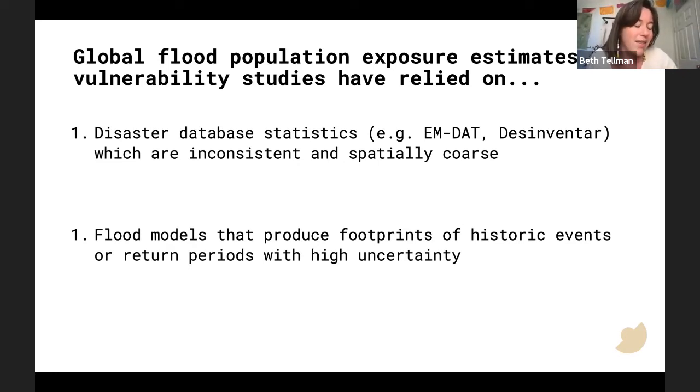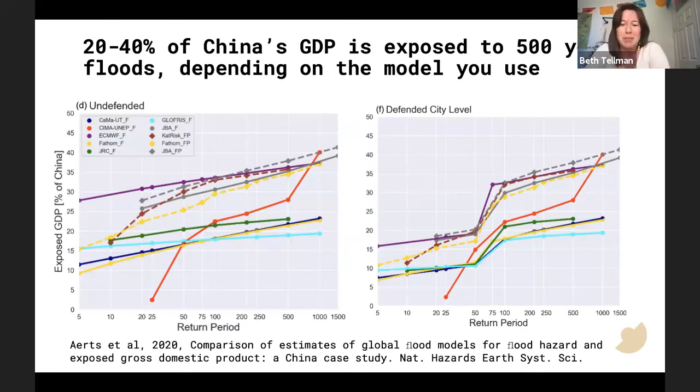The other way that exposure is typically assessed is through flood models. So this is big computation trying to produce either footprints of flooding of historic events or the probability of a flood happening. But those suffer from really, really high uncertainty. Here's one example of a recent study that compared 10 commonly used global flood models.